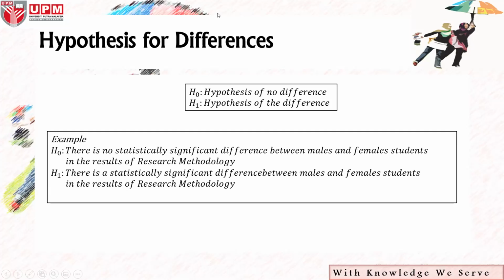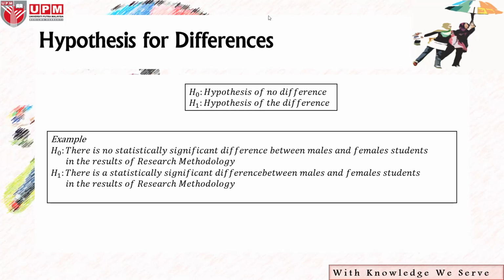Null hypothesis and research hypothesis. Dah belajar belum? Saya pun lupa dah. Dalam slide lepas ada tak? Two types. Ada. Last time we learned about the two types of hypothesis: null hypothesis and research hypothesis, or alternative hypothesis.